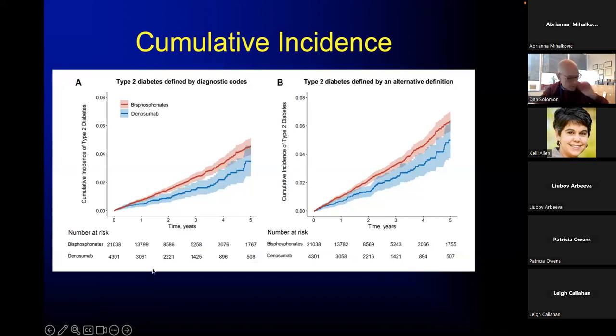Now, it's an interesting point here about the cumulative incidence curve, that you see that within about 3 or 4 months, the curves begin to diverge. And people have written about whether, if the curves diverge too early, that is a suggestion that there's some confounding? And it can be, but the biology of how denosumab might reduce the risk of type 2 diabetes suggests that after a few months of the first infusion, you might actually get a reduction in type 2 diabetes risk.